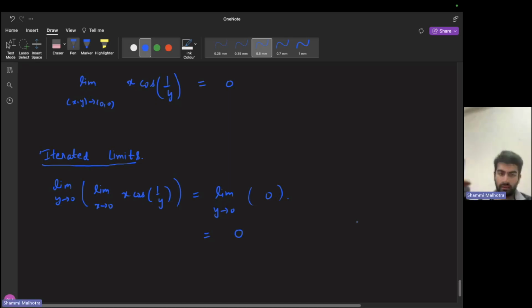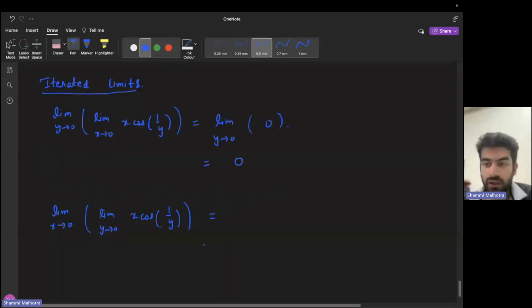But we can see in this case that as y tends to 0, the limit of cos(1/y) does not exist. The inner limit does not make any sense, so we cannot take any limit, and this whole thing does not exist.